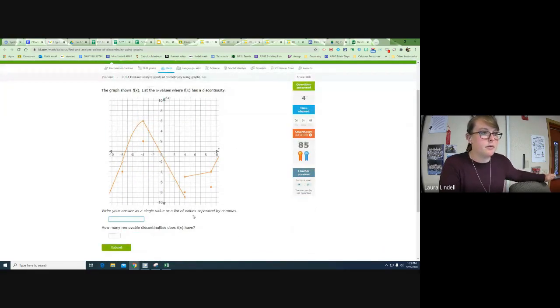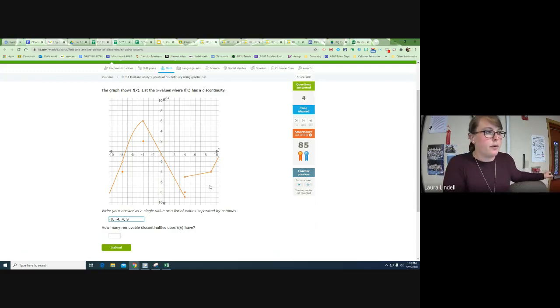All right, so this one gets a little bit different here. Write your answers as a single value or list of values separated by commas, and then it asks how many removable discontinuities it has. So this is where we're getting a little bit more into what type of discontinuity it's dealing with. So we've got one at -8, at -4, at +4, and at 9.